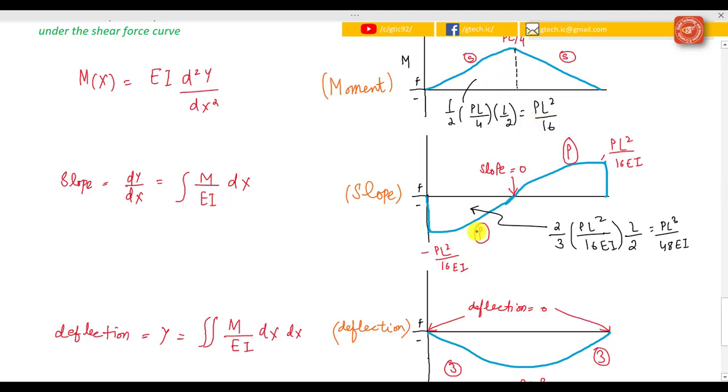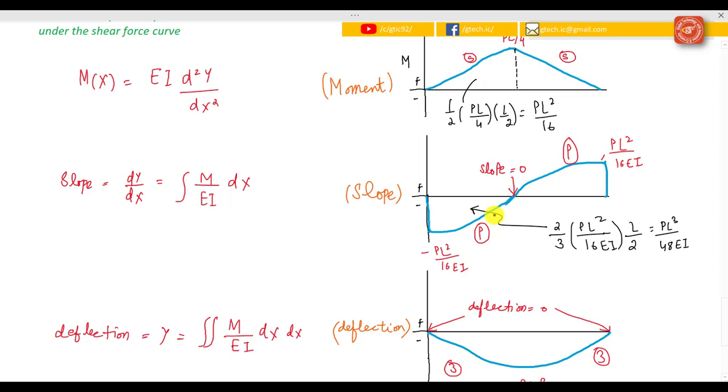So the slope diagram starts off at 0, and we know that the slope at the center is 0, but it increases because of the area under the moment curve, to PL squared over 16.